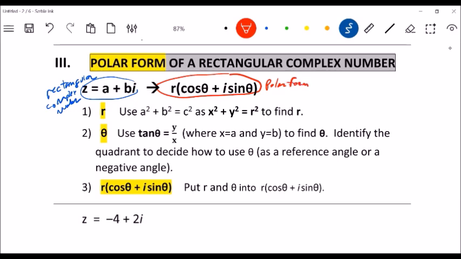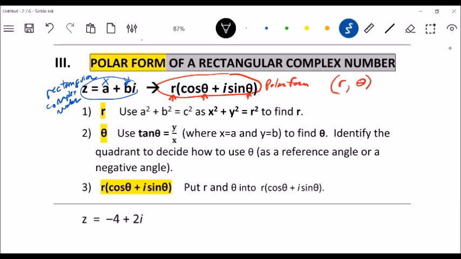Notice that the polar form has the radius and it has the angle. And the polar coordinates are written as a radius and an angle. Whereas for a rectangular complex number, we use x's and y's, and so we have an x and a y. But when we're doing the polar form, we have to use the radius and the angle.